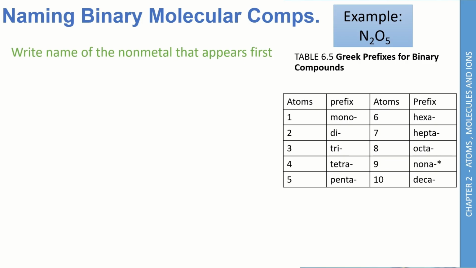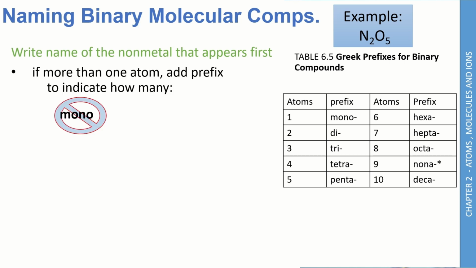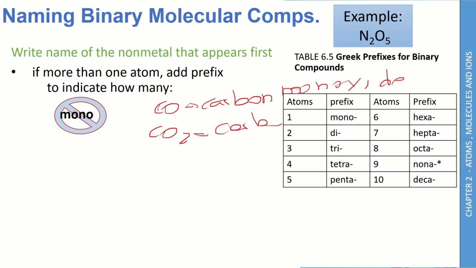Because that will help you to identify the elements. So we're going to write the name of the non-metal that appears first, and then we don't use mono for the first element. How are you going to remember that? Just bring to your head the most simple compounds that we talk about every single day. CO2 and CO. This is carbon monoxide, right? And this is carbon dioxide.